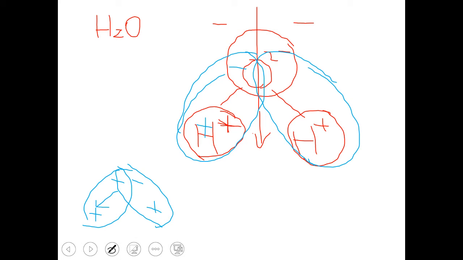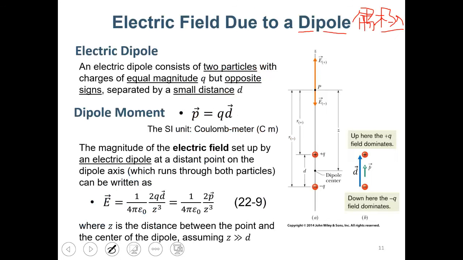So a dipole is defined like this. So when you add them together, it will look like something like this. So this is the overall dipole. Then you can feel that actually the charge with a negative sign can still exist happily.